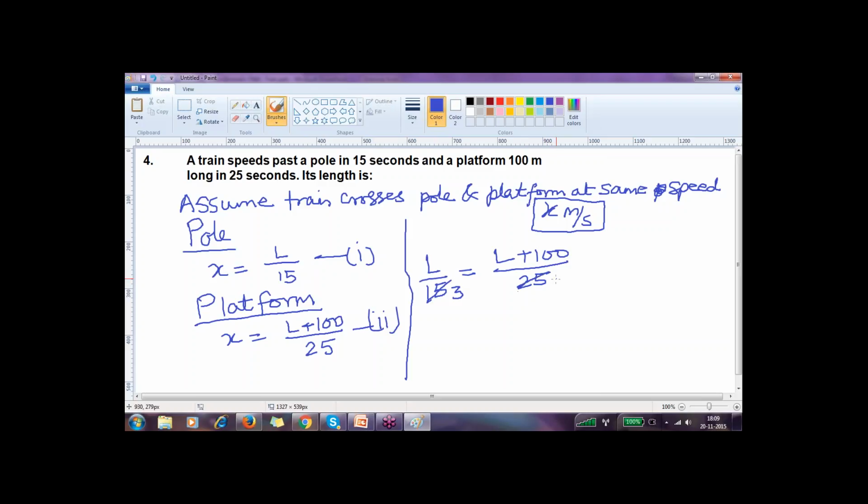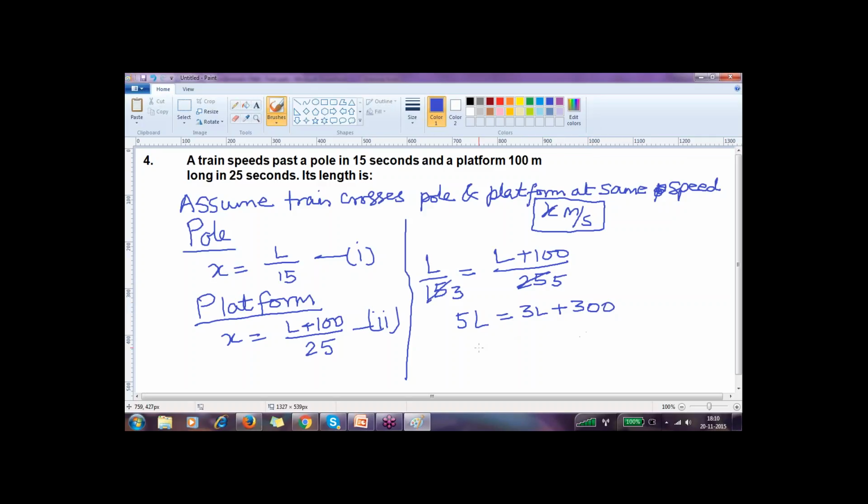I'm taking 5 as the factor. This becomes 5. So cross multiplication: 5L is equal to how much? 3L plus 300.